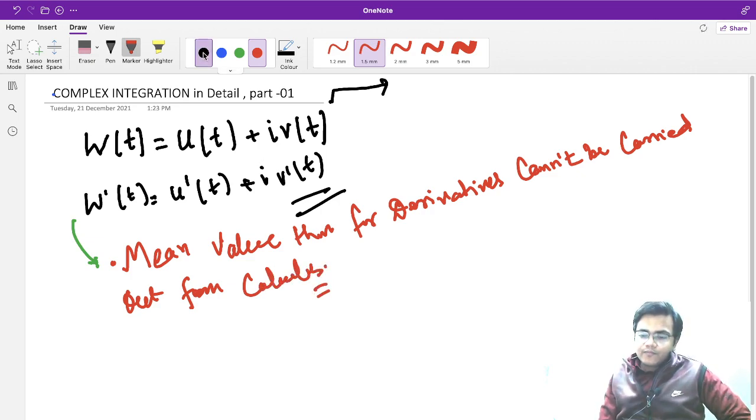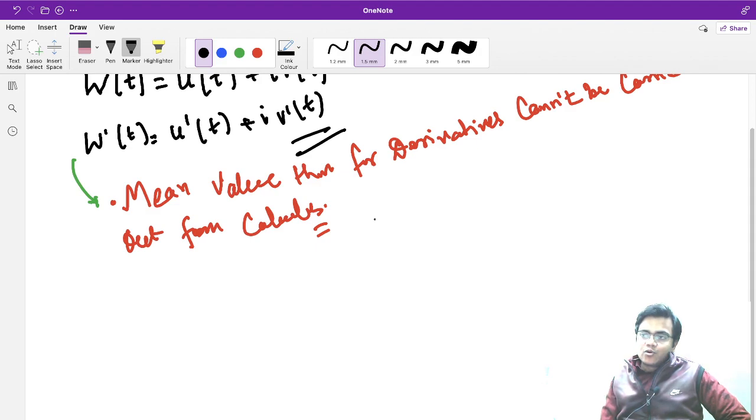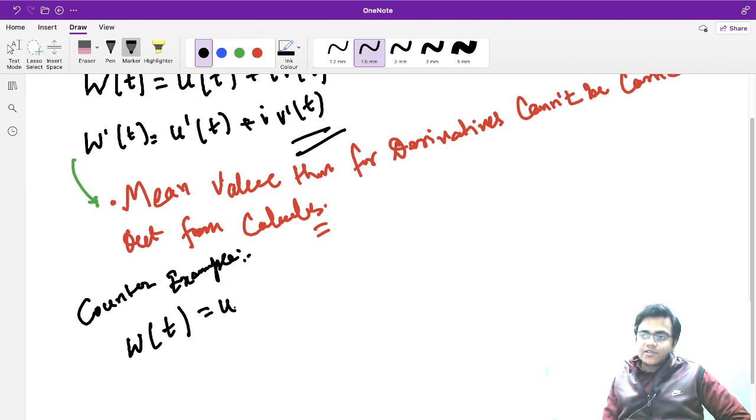Because, for example, we need to give a counterexample. Counterexample: if we take a continuous function w of t is equal to u of t plus iota v of t, right? And let's take t lies between a to b.